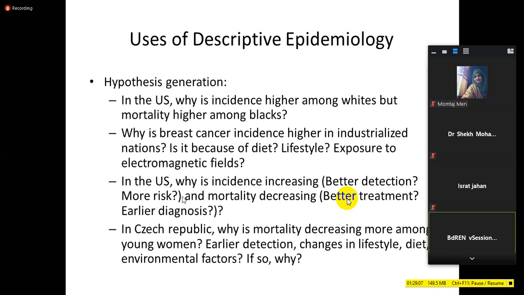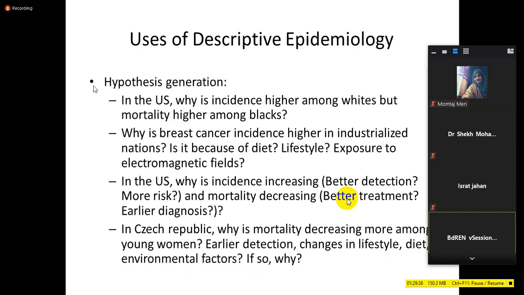In the USA, why is incidence increasing? Is it because of better detection, more risk, and mortality decreasing? Better treatment, earlier diagnosis? I think today I have given you some clues. In the Czech Republic, why is mortality decreasing more among young women? Earlier detection, changes in lifestyle, diet, or environmental factors? If so, why?